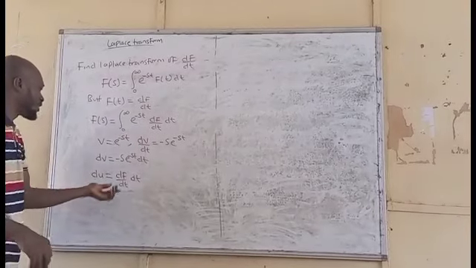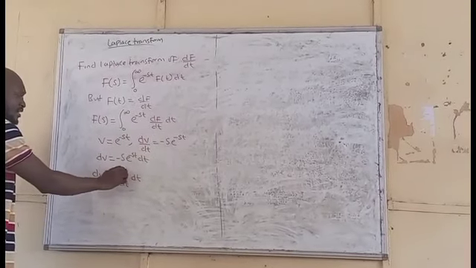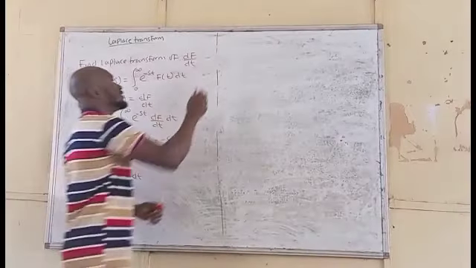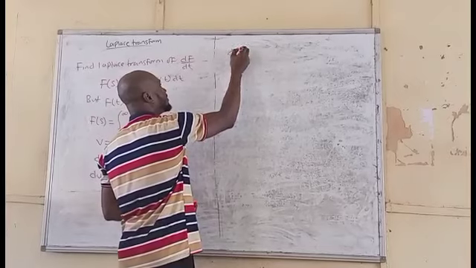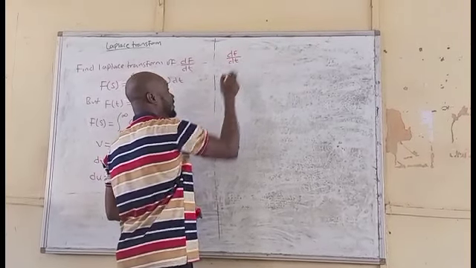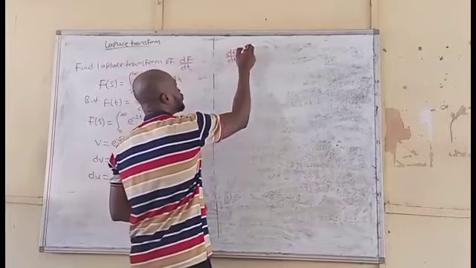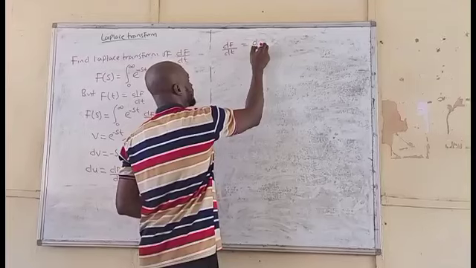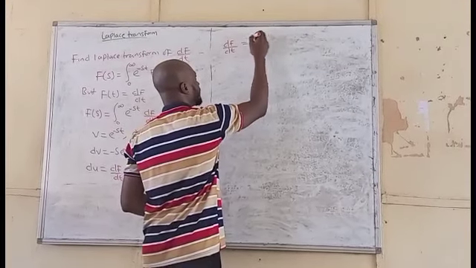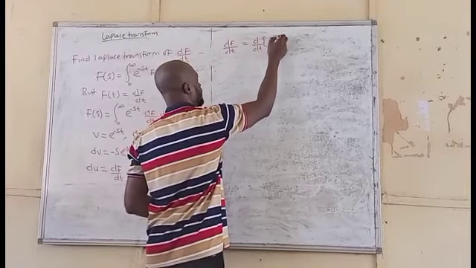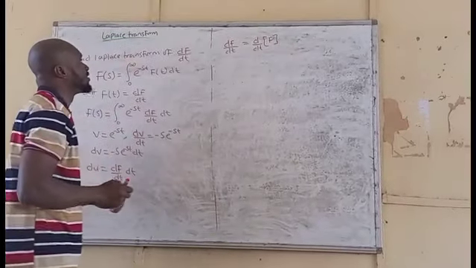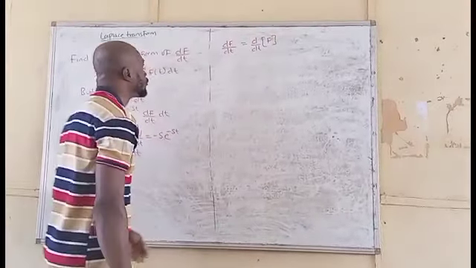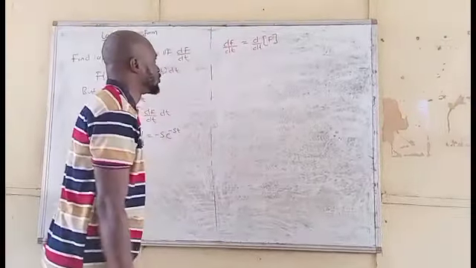So first of all I need to look at df over dt. My df over dt is a first order differential. So it's the same thing as d over dt multiplied by f. So df over dt is equal to d over dt multiplied by f. This is first order differential.